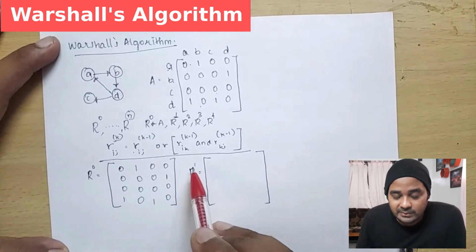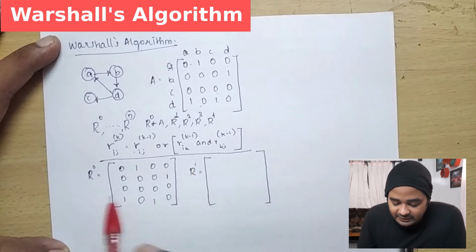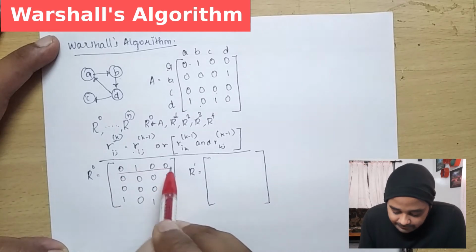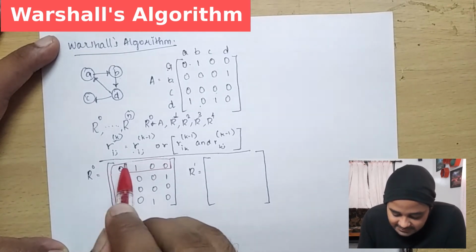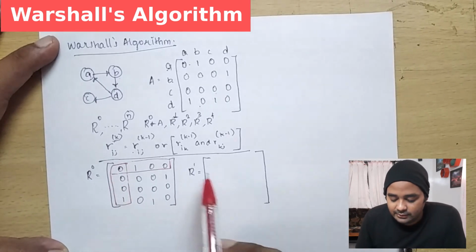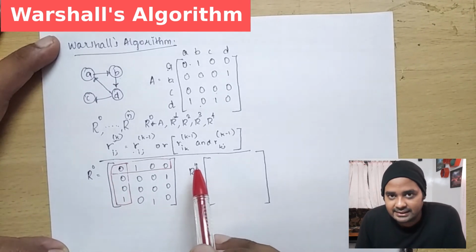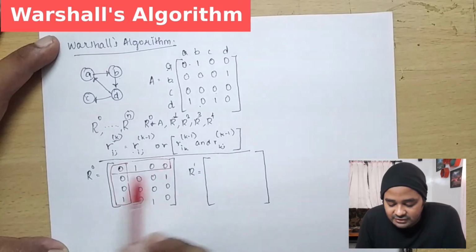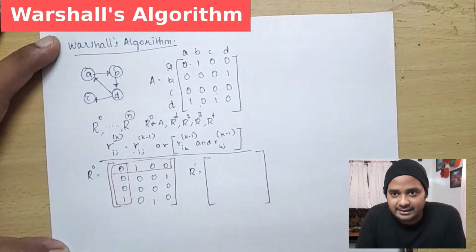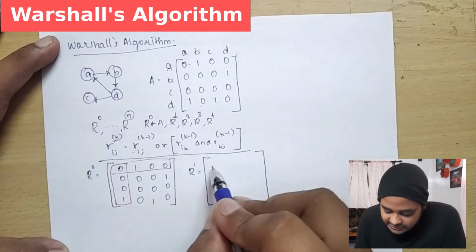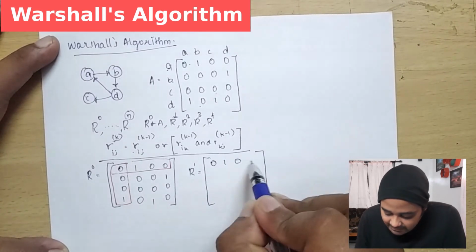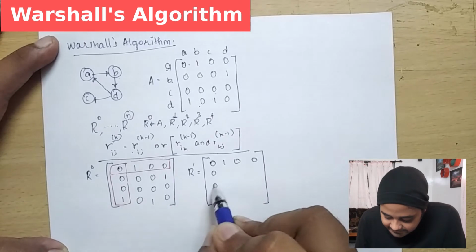So what we have to do is highlight the first row and the first column in the previous matrix. So we are going to construct R1. For constructing R1, we are highlighting the first row and the first column in the previous matrix. Okay, so obviously your highlighted values are not going to change. So I just place them as such, right?